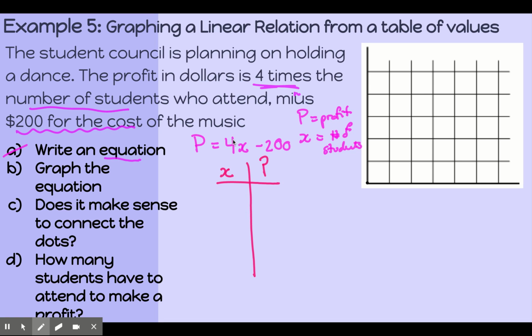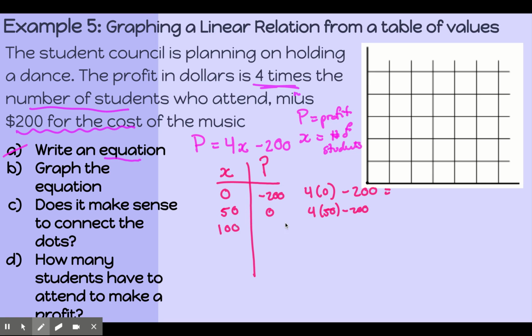So I'm going to fill this in. So 4 times, let's go with 0 students. So 4 times 0, so x is 0, minus 200. Well, that puts us at a loss of $200. If I have 50 students, so 4 times 50 minus 200, I have made no money, but I've broken even.